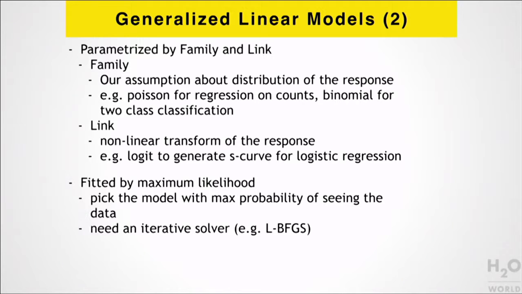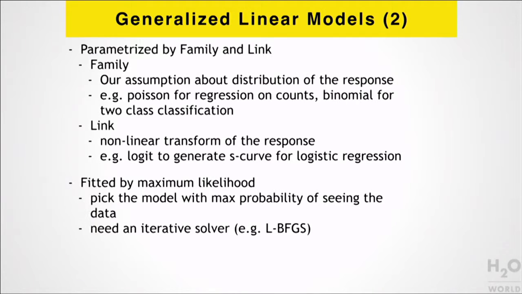Family captures our assumption about the distribution of the response. An example is Poisson for regression on counts, or binomial for logistic regression for two-class classification. And link is a nonlinear transform of the response, which allows us to send our prediction through an exponential function, so that the effects turn out to be multiplicative versus additive, and stuff like that.